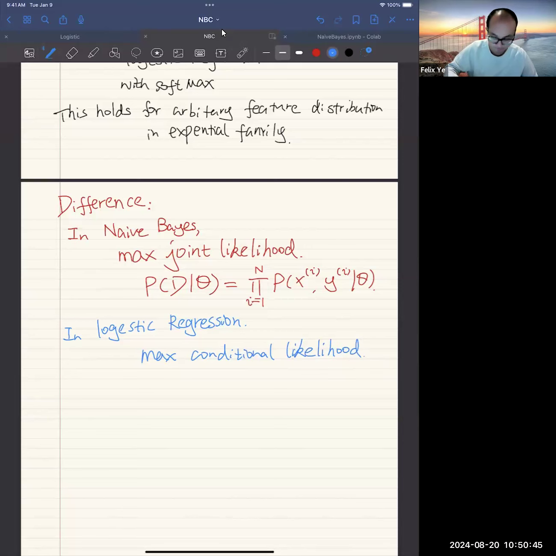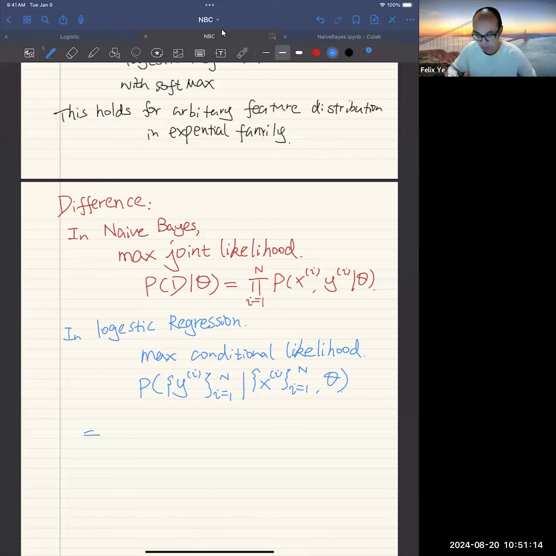We're trying to maximize the probability of y_i, i from 1 to n, conditional on x_i, i from 1 to n, and theta.